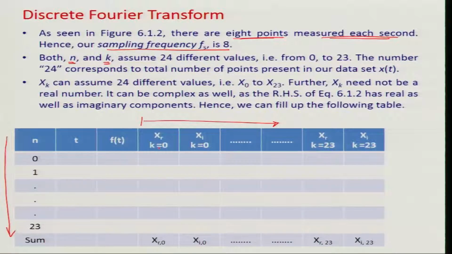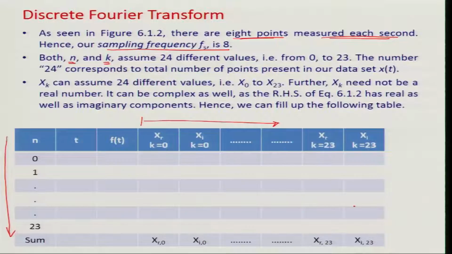So, k is equal to 0 here, and I had said that when we compute Xk, it will have a real part and an imaginary part. So, for each value of k, I have Xr, which is the real part, and Xi, which is the imaginary part. So, I have 2 columns for each value of k. This column is the real part, this column is the imaginary part for k is equal to 0. Then for k is equal to 1, I will again have a real part and an imaginary part.